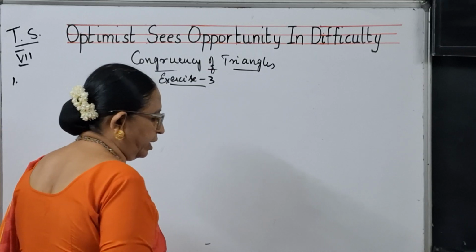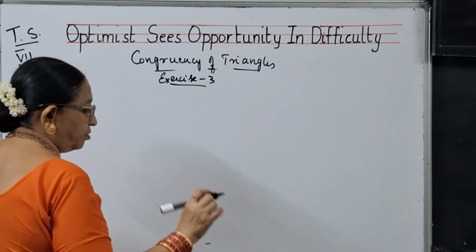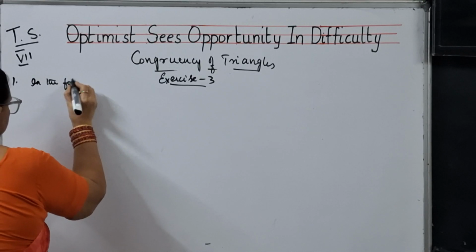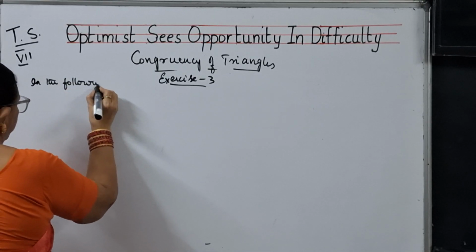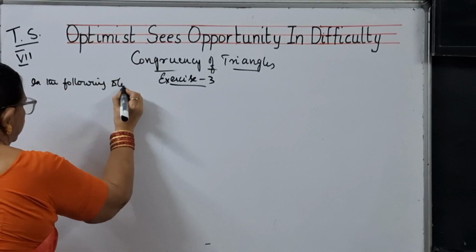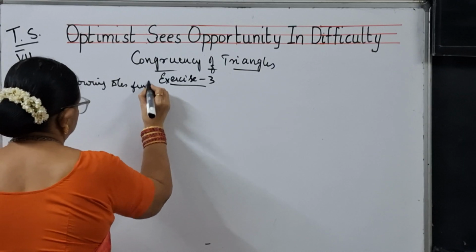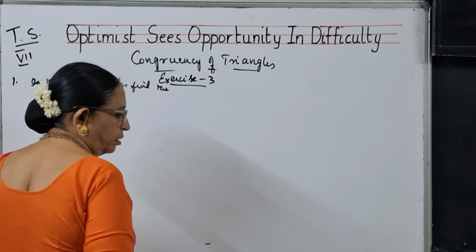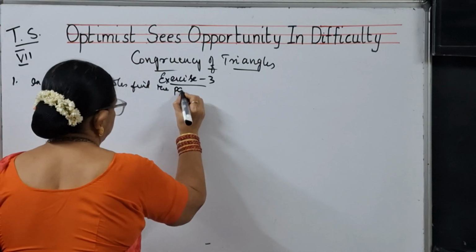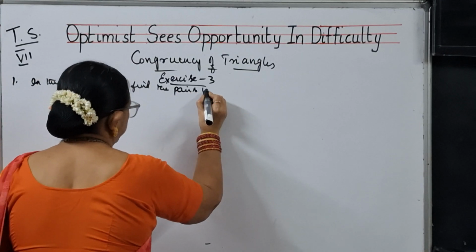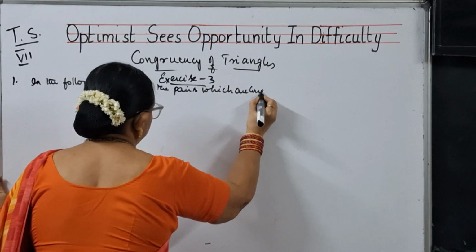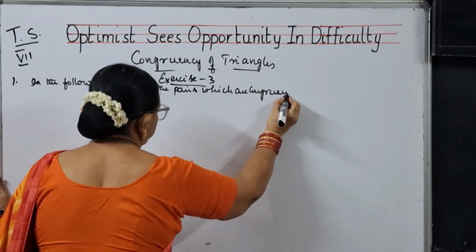In the following triangles, find the pairs which are congruent. This is the question, children.